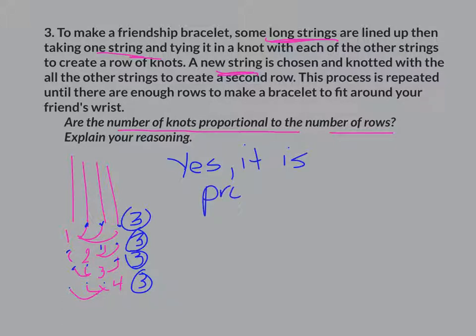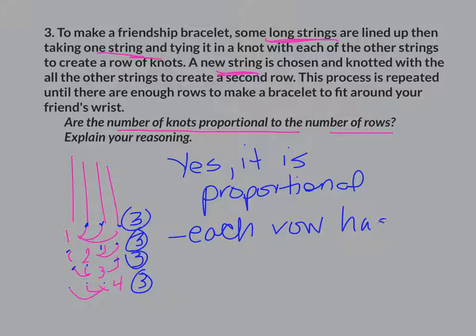And the reason it's proportional is because each row has the same number of knots.